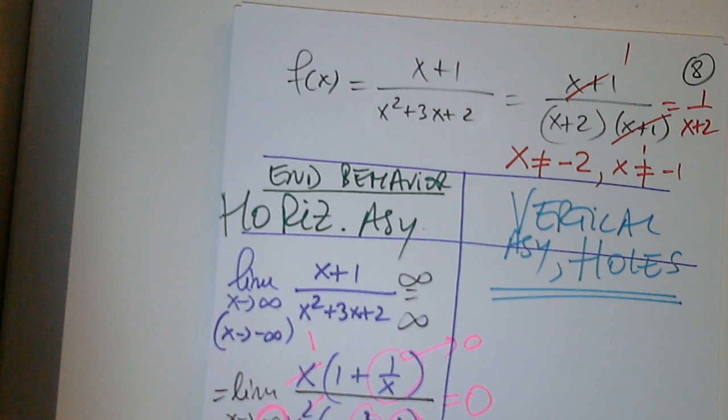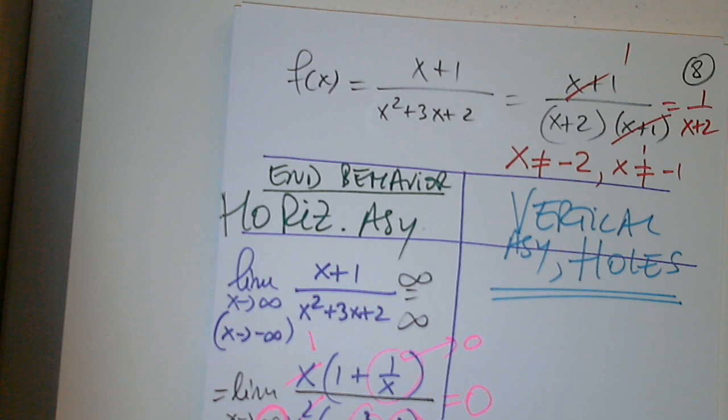Because the factor goes away from the top and from the denominator. So this becomes a hole in the graph. Fine, but I still have to find the limits, left and right of the hole. This one stays in the final form. Because it stays in the final form, this will become a vertical asymptote.